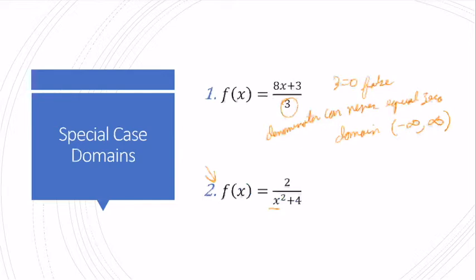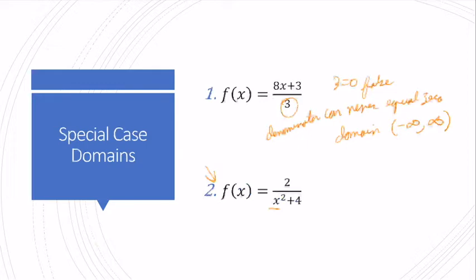If x is negative 1, negative 1 squared becomes a positive 1 plus 4, that's 5. If x was 0, 0 squared plus 4 is 4, 1 squared plus 4 is 5. So this is always positive as well. So its domain would be negative infinity to positive infinity.